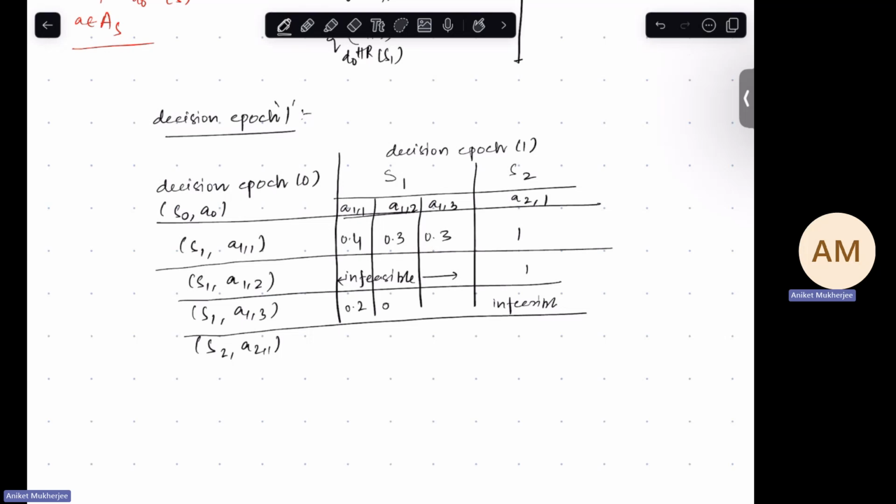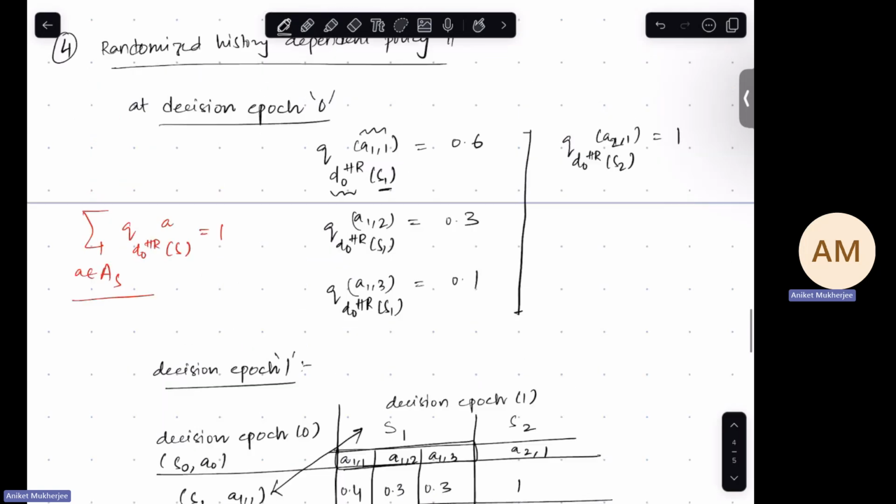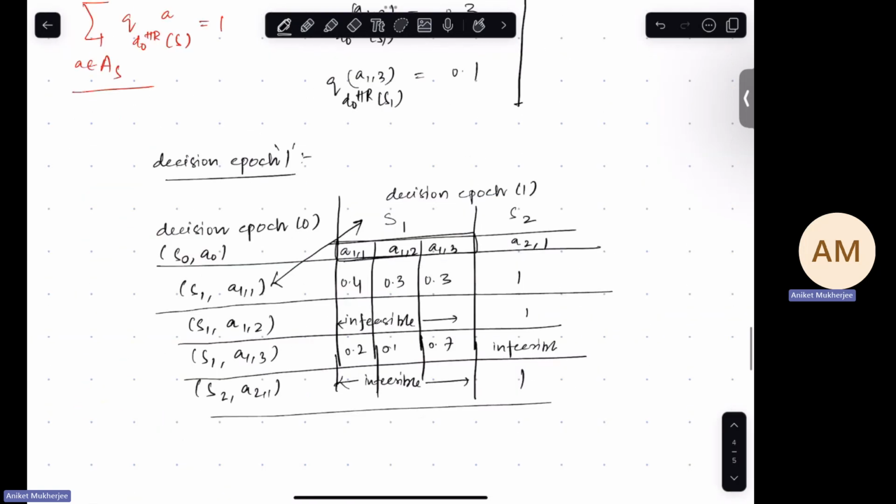This is 0.2, 0.1, 0.7, something which adds to 1. So if you take a policy based on your history, based on this probability distribution that we have written, then basically you're taking randomized history dependent policies.